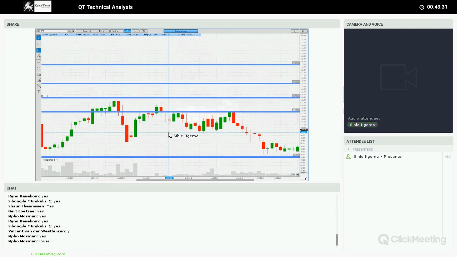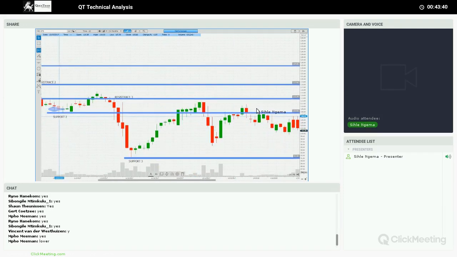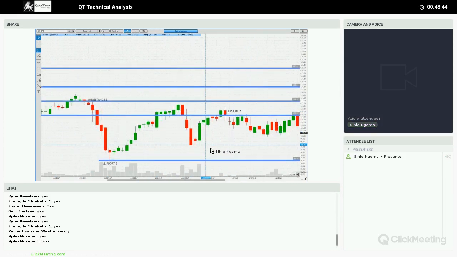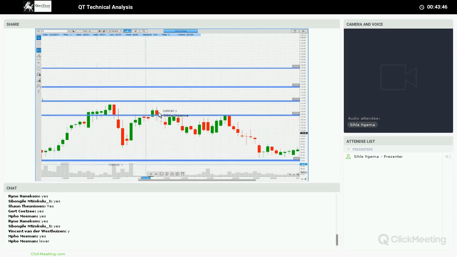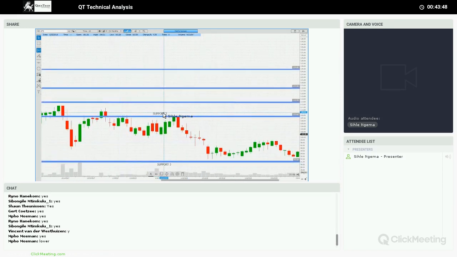From what we can currently see, here I have my support. Let me shift this support. I have my support 2 here, on this particular line there. I have my support 3 on this particular line there.